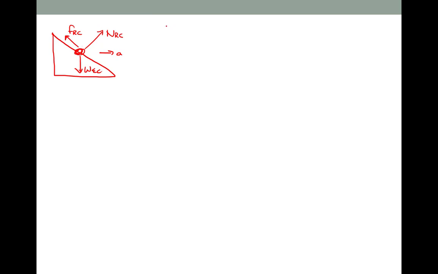Okay. So now I have 2 triangles I need to work with. The angle theta, this is theta here, this is theta again for there, and then this is theta as well, but between the surface of the track and negative x. Okay. So my 2 triangles in this case look like this.